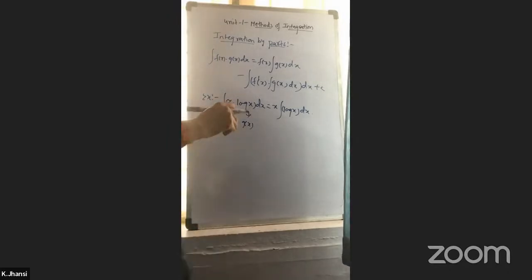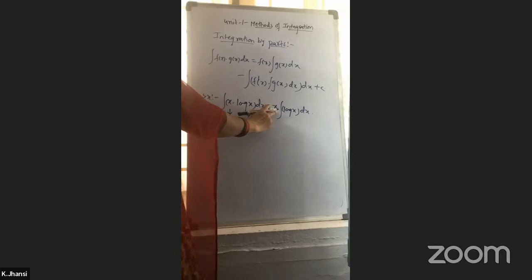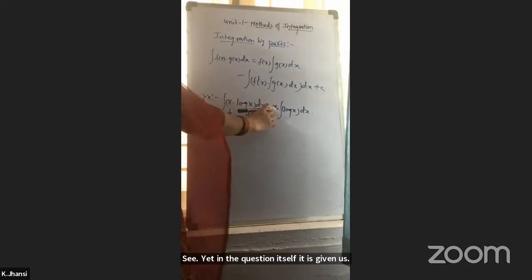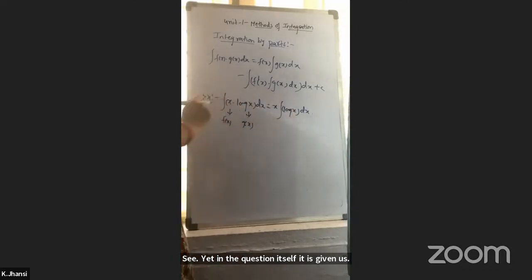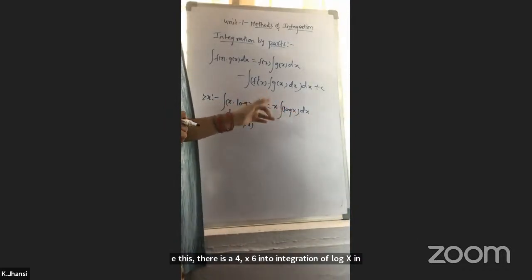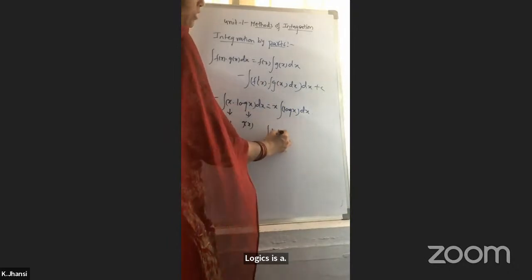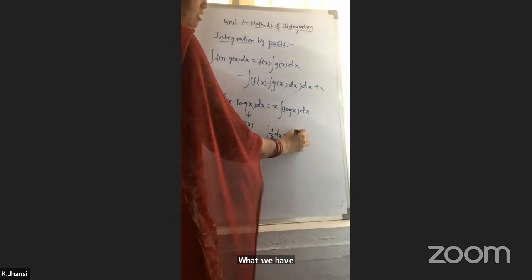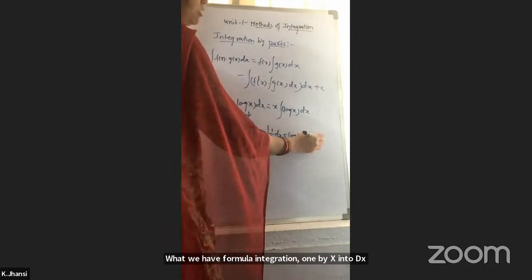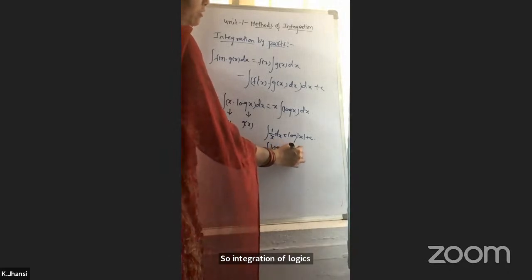See here, if in the question itself it is given as x into log x, and if I have written like this, that is f of x is x into integration of log x, the integration of log x formula is not there now. What we have as formula is integration of 1 by x into dx is equals to log x. So if you see page number 4, integration of log x, we don't have any formula.